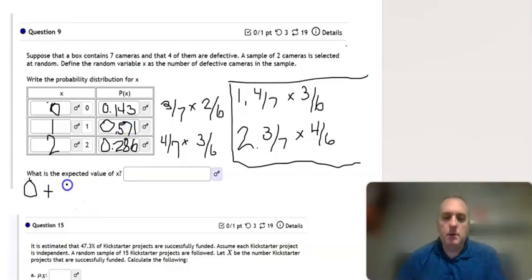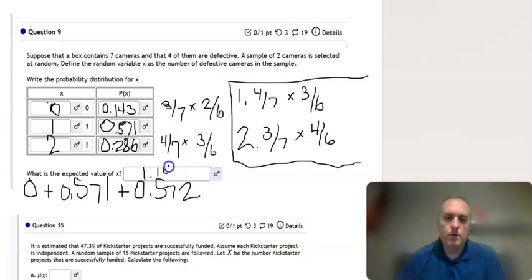Multiply the second row, 1 times 0.571 is just 0.571. And the last row, 2 times 0.286 is 0.572. If we add those together, we get 1.143. And that's the expected value.